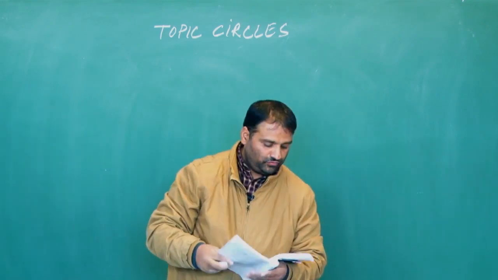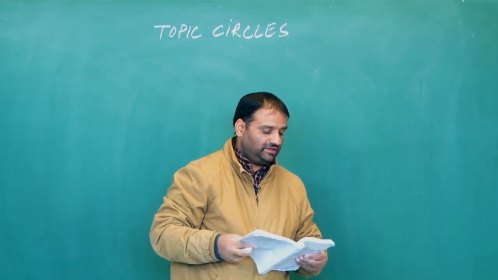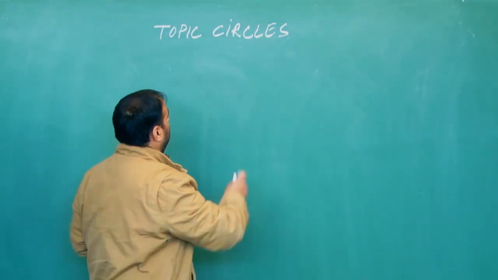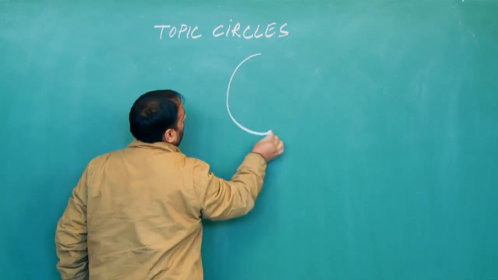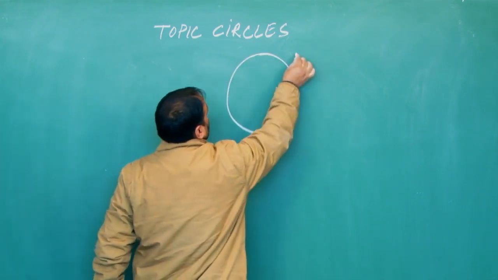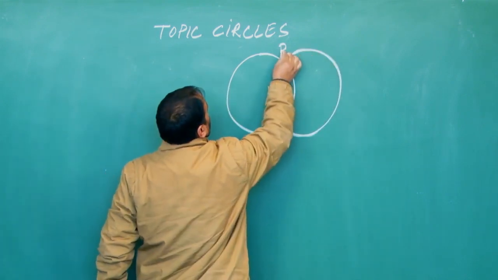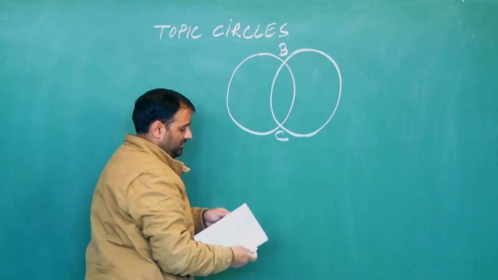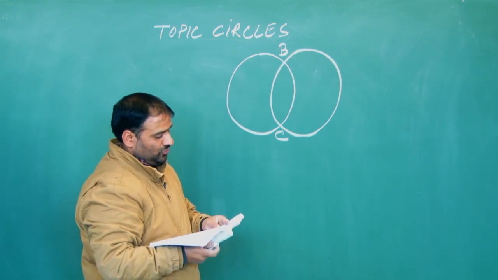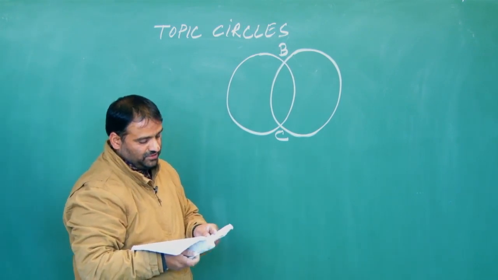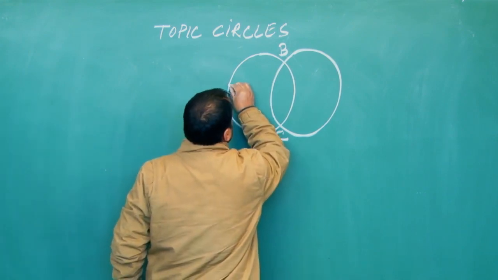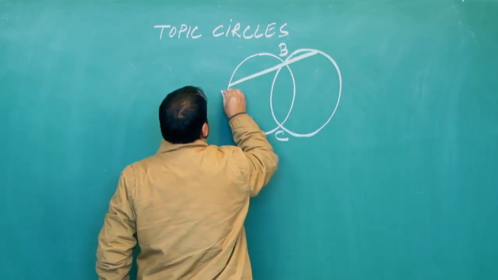Very interesting one. We are given two circles intersect at 2 points B and C. We draw the figure. Now, these intersect at 2 points B and C. Through B, two line segments ABD. This is ABD.